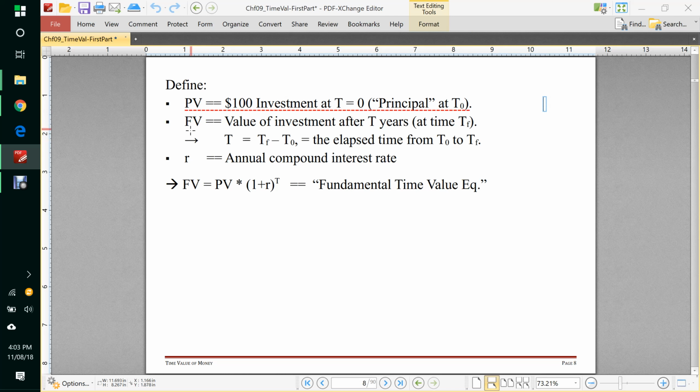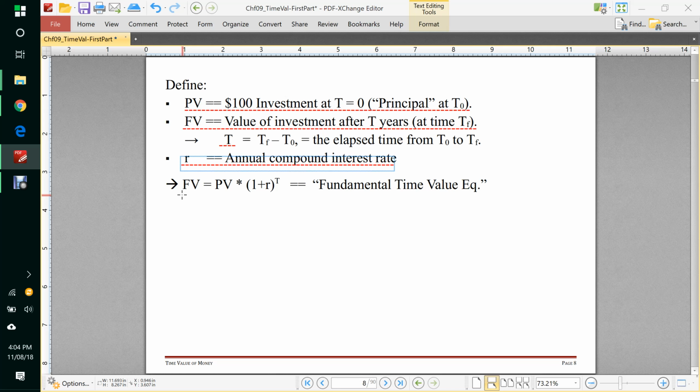And the future value is the amount that our cash would grow to after t years, or at tf. We can define capital T as tf minus t0, the amount of time elapsed, and we can call our annual interest rate R.